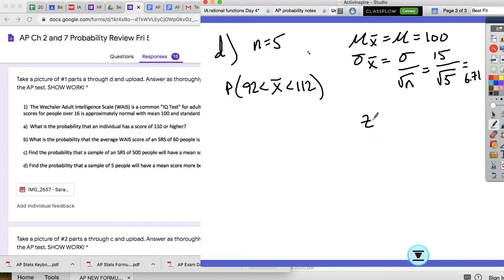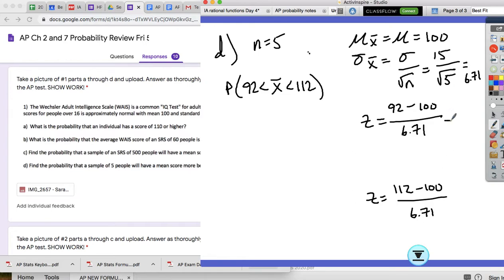I have to find 2 z-scores, one with a score of 92 and the other with a score of 112. In both cases, we're subtracting our mean of 100, and dividing by this new standard deviation of 6.71. So this first z-score is negative 1.19, and this z-score is 1.79.